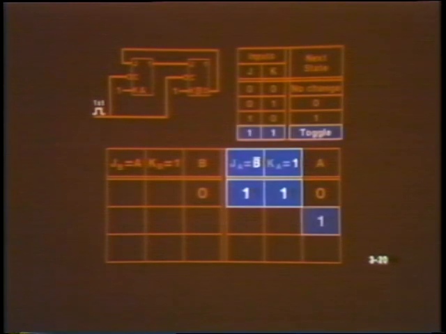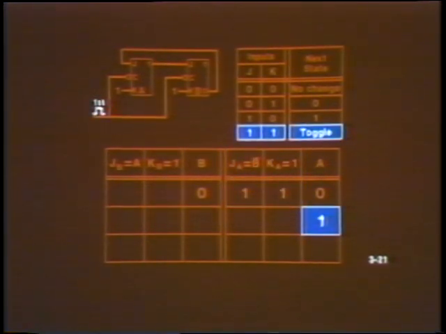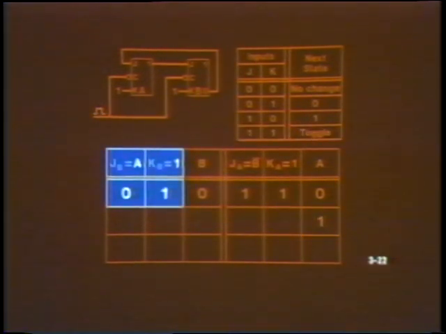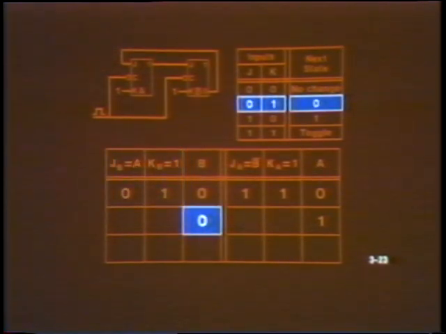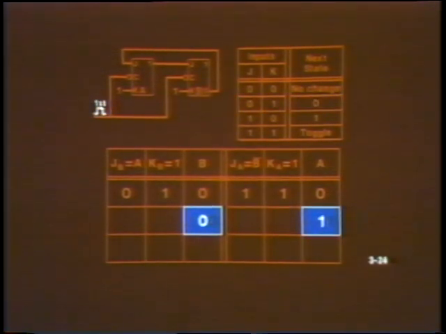At the clock pulse, flip-flop A will toggle into the set state, but what happens to flip-flop B? Well, let's look at B's inputs. J sub B equals A, which is now 0, and K sub B equals 1. So flip-flop B will remain in the 0 state. Therefore, at the first clock pulse, A will toggle to 1, while B remains at 0.